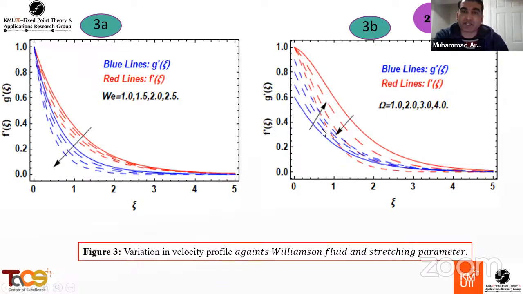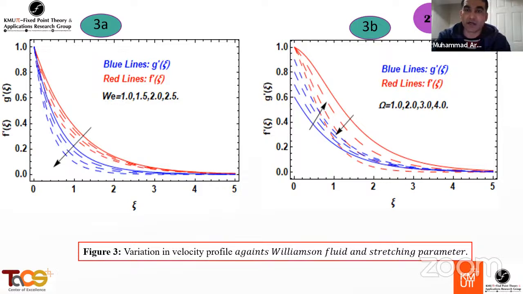In the case of the stretching parameter, we increase the stretching of the sheet. If we increase the stretching of the sheet, the fluid over the stretching sheet will be disturbed. This disturbance occurs in the form of primary and secondary velocity. Primary velocity is the velocity acting along the x-axis, and secondary velocity is the velocity in the y direction.